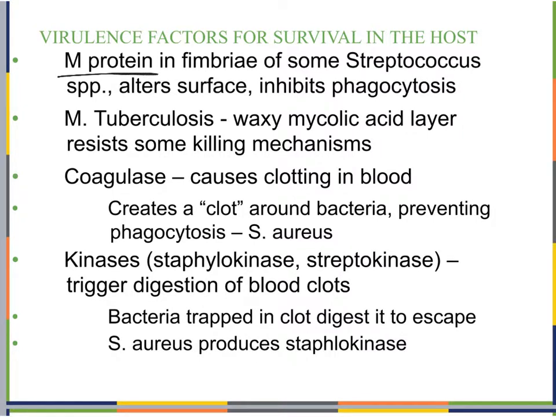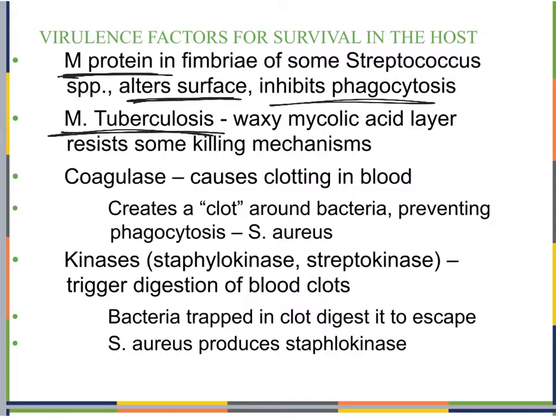Our M protein is another one. M protein is in the fimbriae of some Streptococcus species. What this does is it alters the surface of it. And again, if they're altering the surface of it, then we have issues with phagocytosis. Our phagocytic cells aren't able to attach onto it, aren't able to grab it and bring it into the cell to be able to digest it or lyse it.